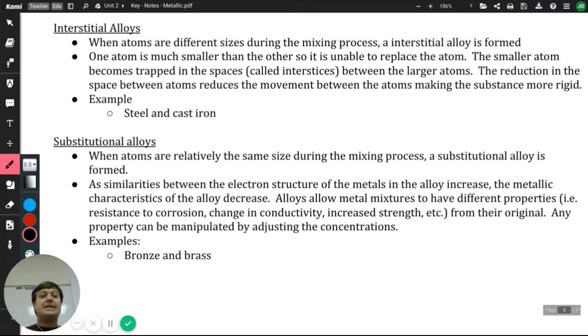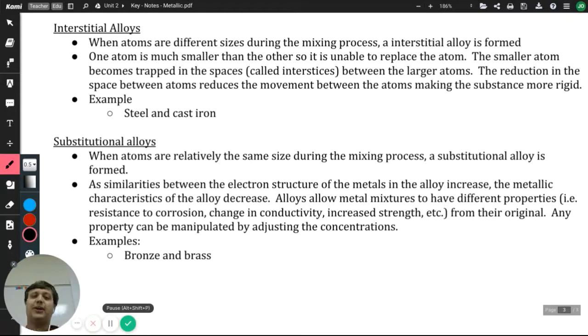But if I add something else to it, if I add some tin to the copper, I get bronze. Well, bronze is very much less likely to corrode. It's like I increased strength, and we're also changing our conductivity. It's actually less conductive now.